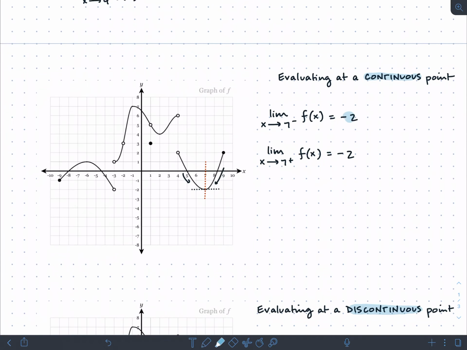Therefore, since this is negative 2 and this is negative 2, my general limit exists. We also see that because it's continuous, f of 7 is also equal to negative 2.